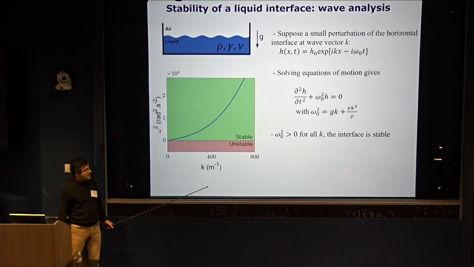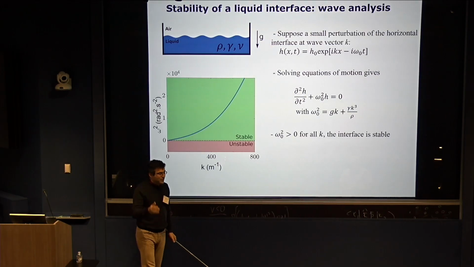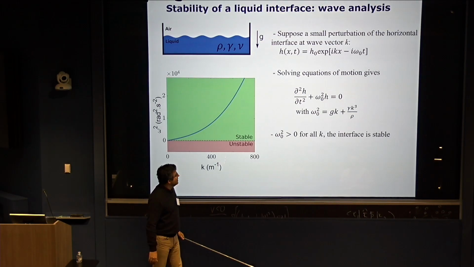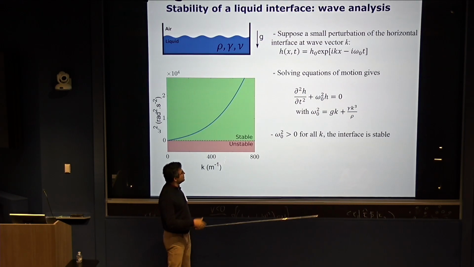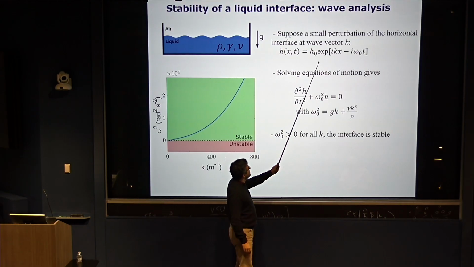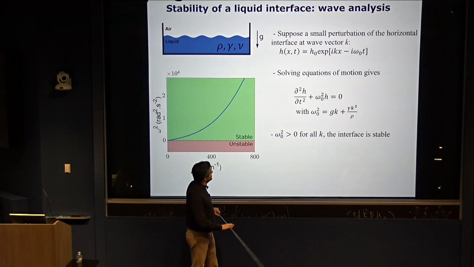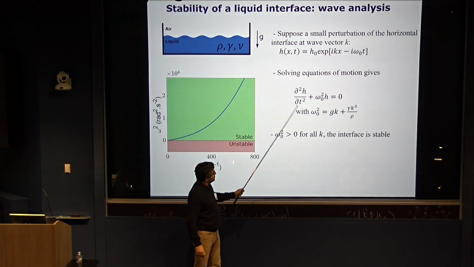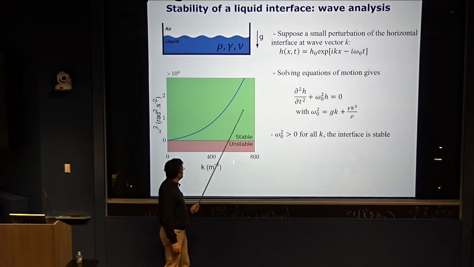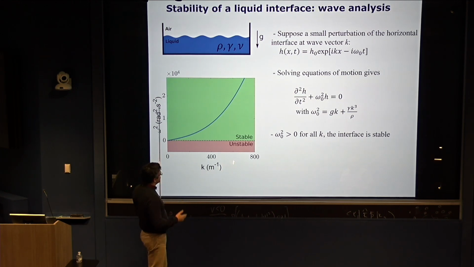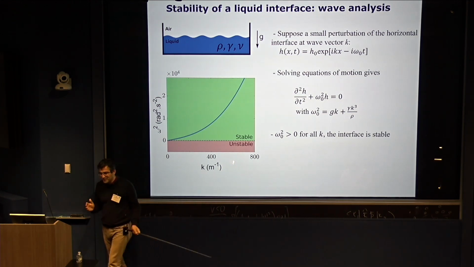Another way to understand that is to go into the Fourier domain, the cosine domain. You take the wave dispersion relation, which is written here, very simple, and you look at it. That's the normal case when you're not upside down.